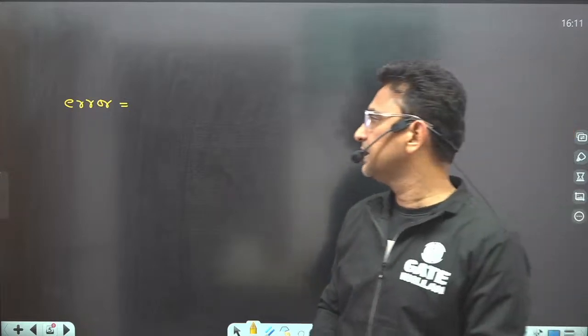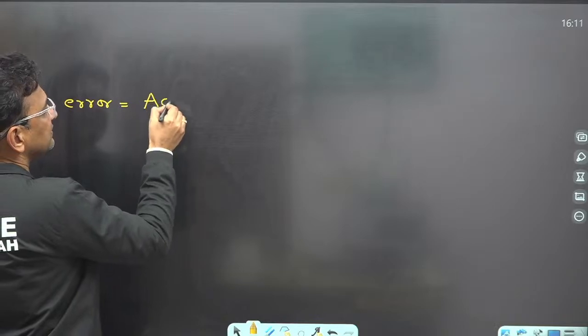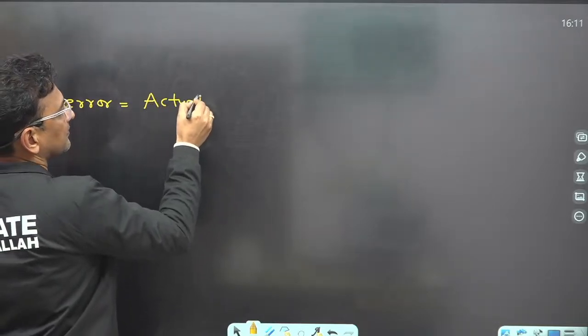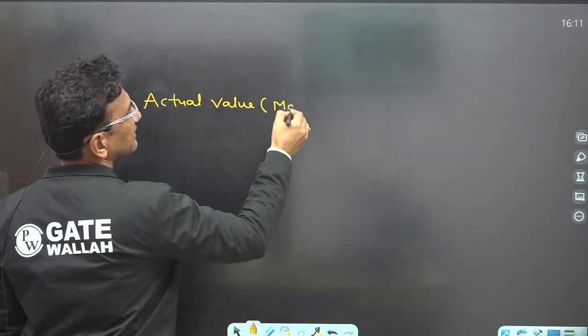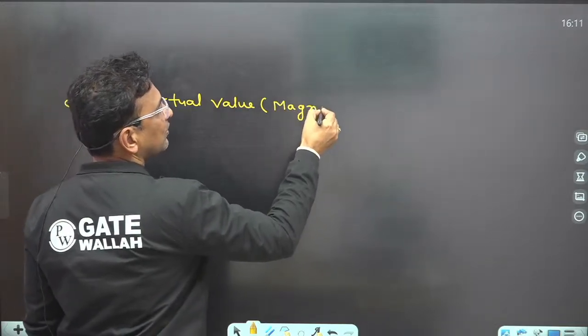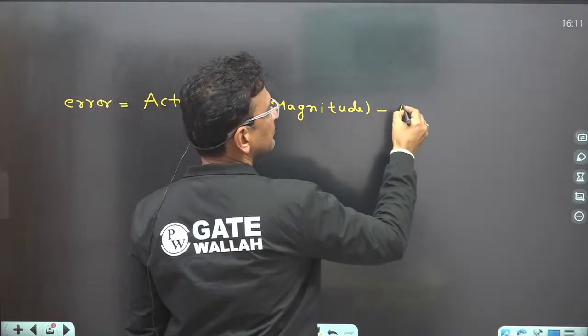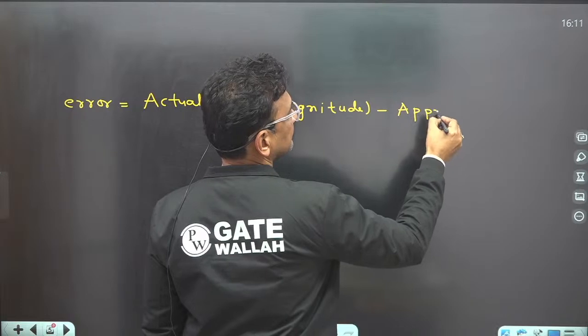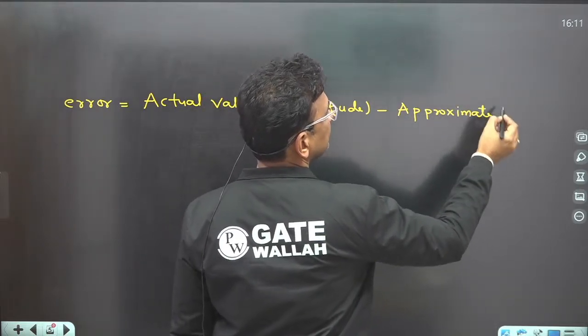Actual value minus approximate value. Actual value means the actual magnitude of the transfer function at the corner frequency, minus the approximate magnitude, the magnitude as per the approximate asymptotic Bode plot.